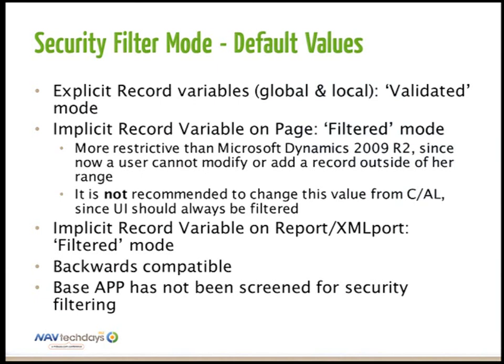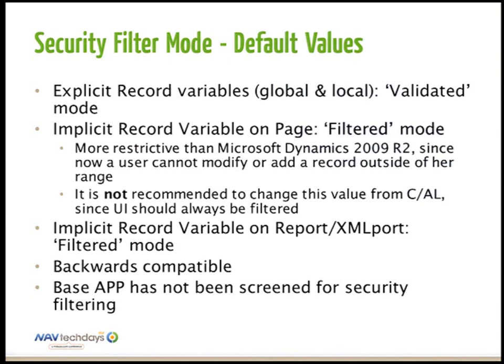It means that you run the optimistic security model. You try to go along, modify record, read record, whatever, but if you get outside, it errors. It's the same as in the earlier versions of NAV. So that's backwards compatible.